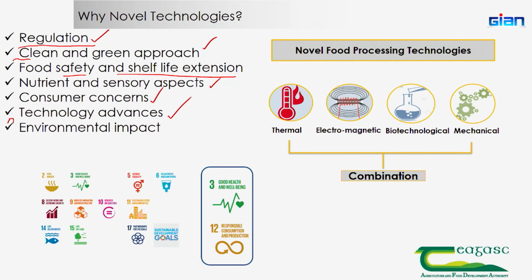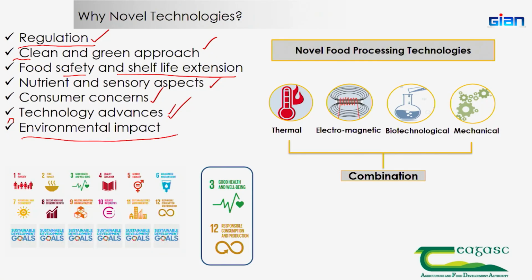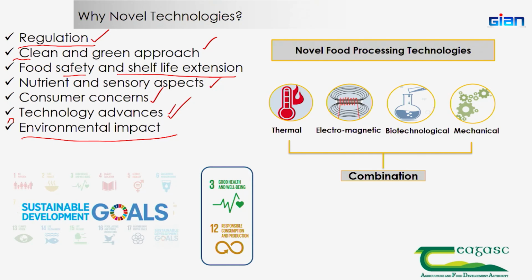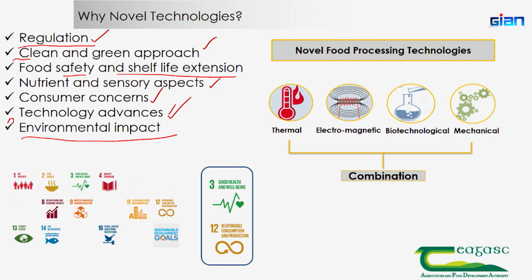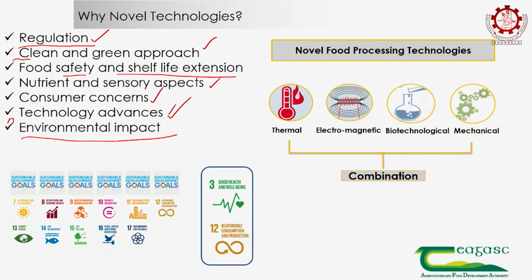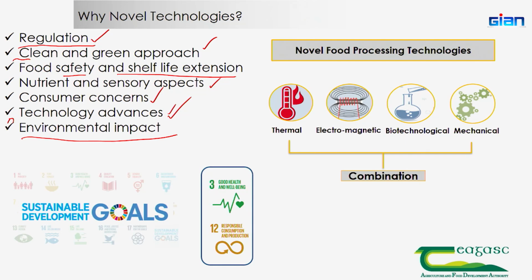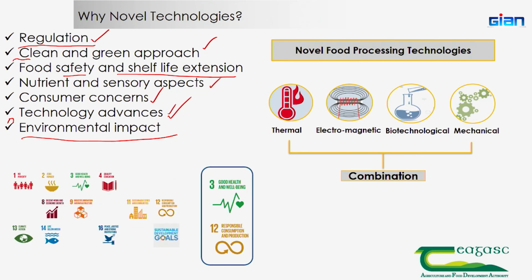So, new technology is coming in, from 3G you go to 4G, now you go to 5G. Yeah? So, that is one of the drivers for new technology, and one of them is environmental impact. Current processes have a huge impact on the environment, and you try to adopt new technologies so that the environmental impact of processes is reduced.